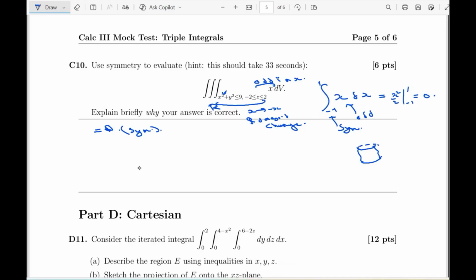So integrating over a region symmetric with respect to the x variable, and we're integrating an odd function in the variable x, hence we must necessarily get the answer 0. So I hope that this is an important evaluation trick, and it can really save you time if you do it correctly.